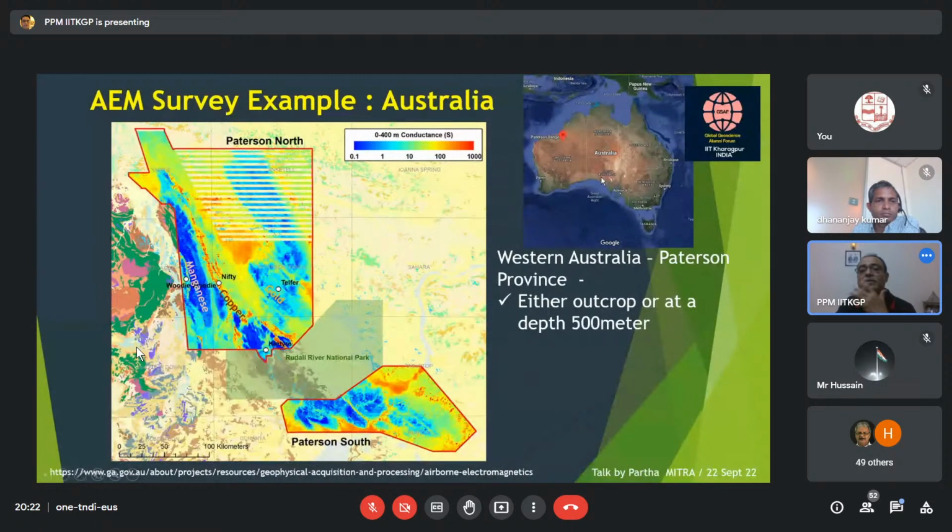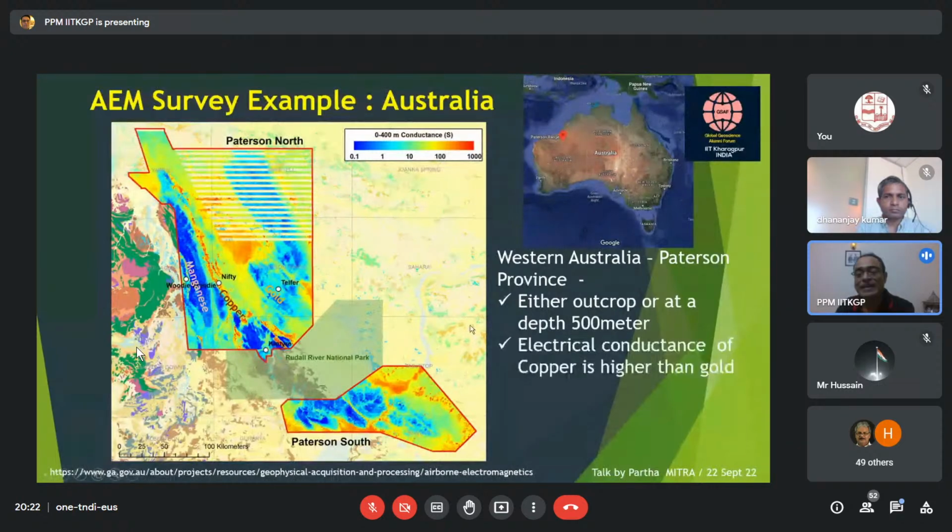Now you see the map which has been generated here. What do you see here? You see a kind of alignment, isn't it? Deposit alignment. Now, what you see here is electrical conductance.